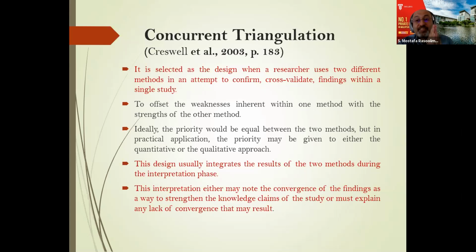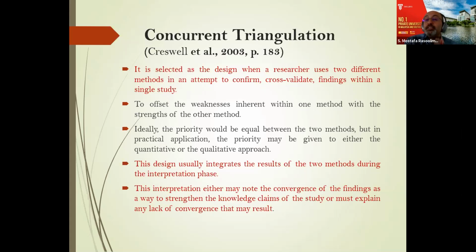This is the meaning of sequence. But in concurrent, we can collect data concurrently. We don't need to wait for one method to start data collection for another method. So we collect quantitative and qualitative data concurrently, right?